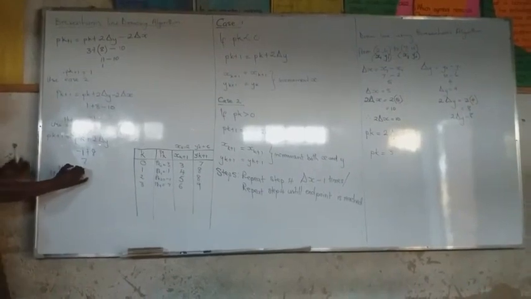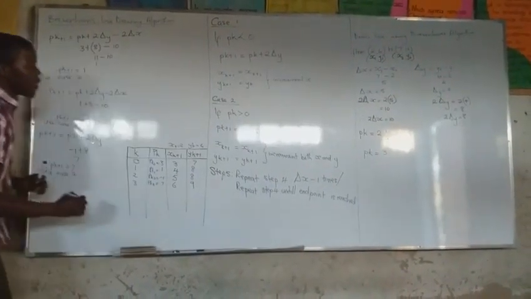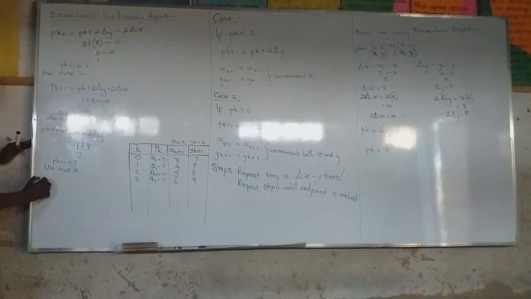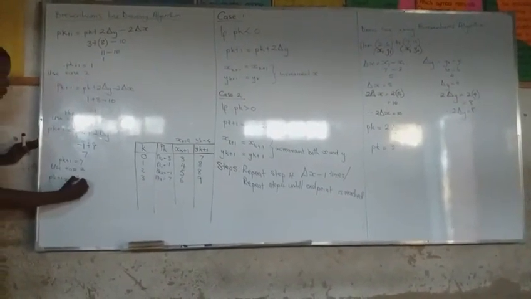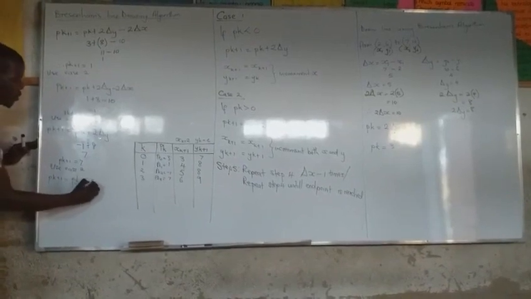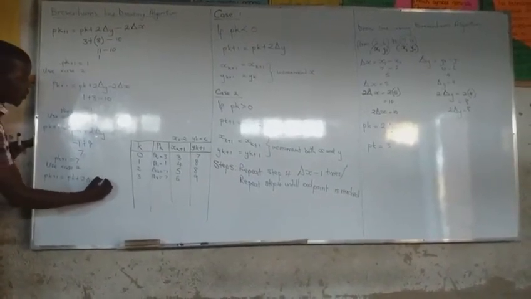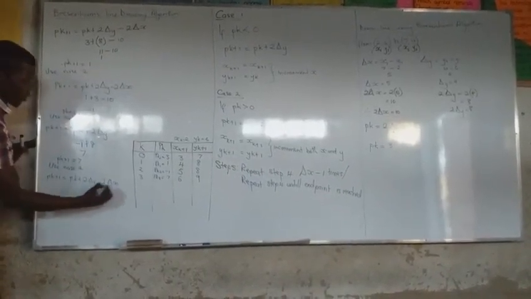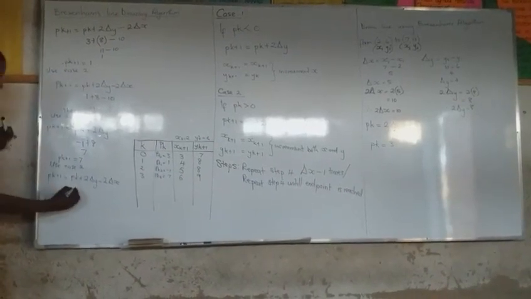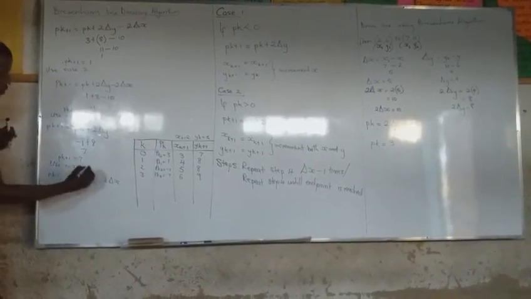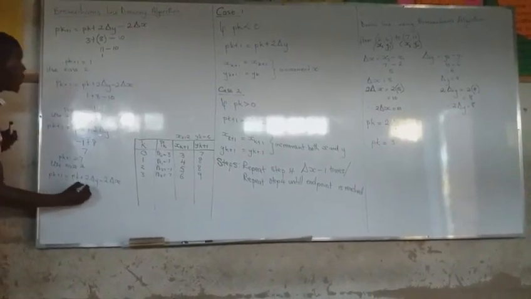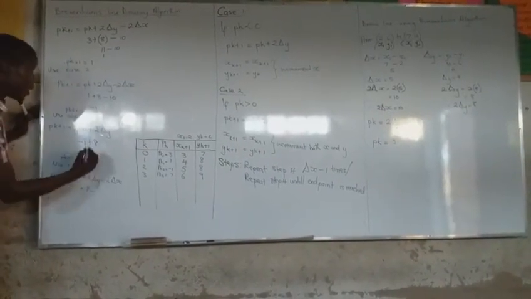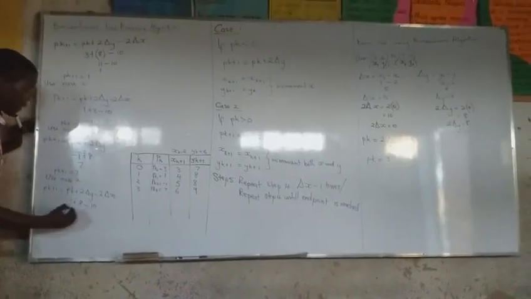We said it is positive, so we are using the formula from case 2, pk plus 1 is equal to pk plus 2 delta y minus 2 delta x. pk is equal to 7 plus 2 delta y, which is 8, minus 2 delta x, which is 10.